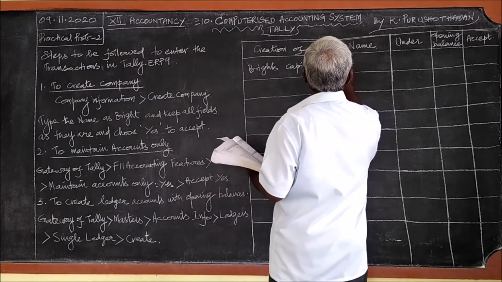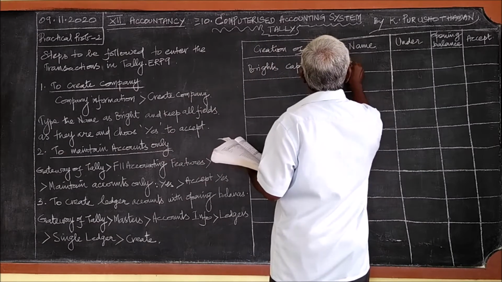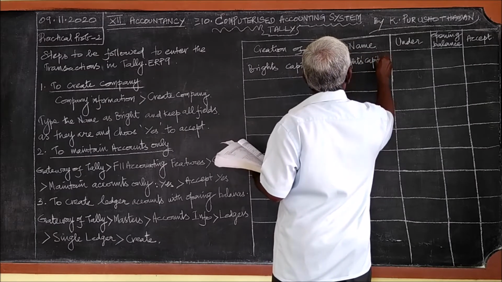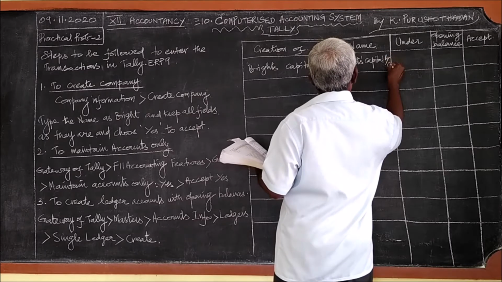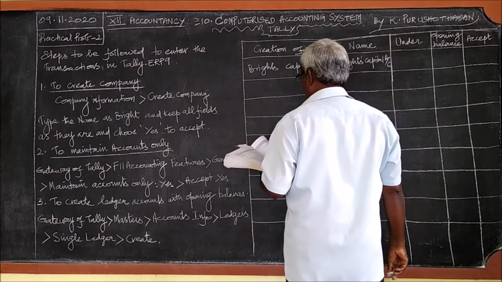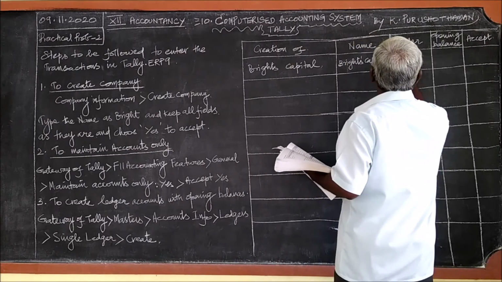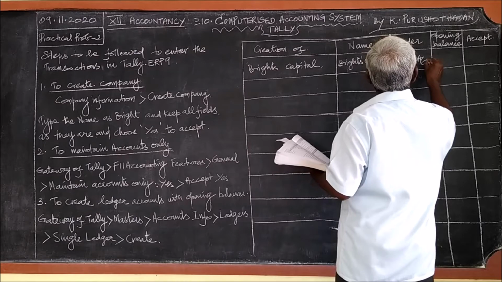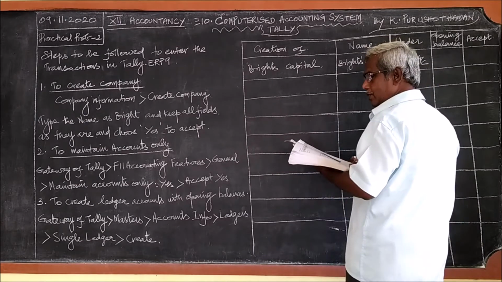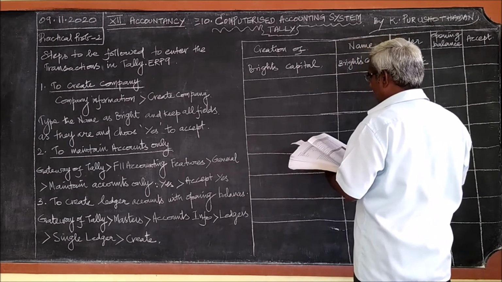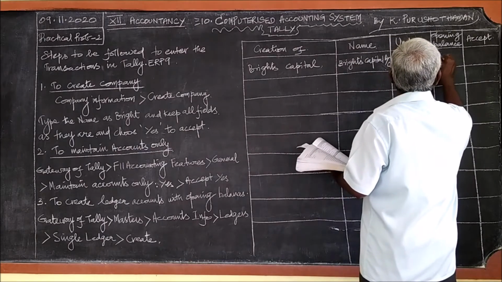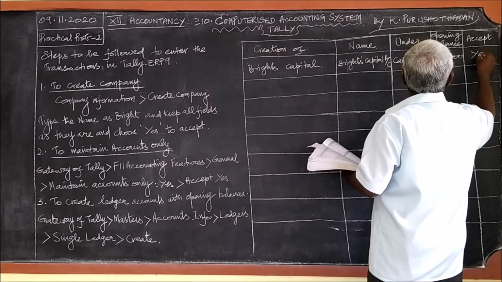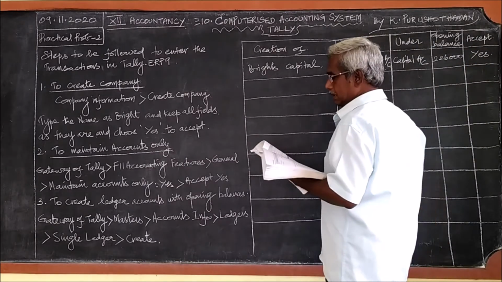The same name of the account here. Under what account it should be written? Under capital account. What is the opening balance given here? Capital 2,26,000. So everything is entered, therefore yes, accept.